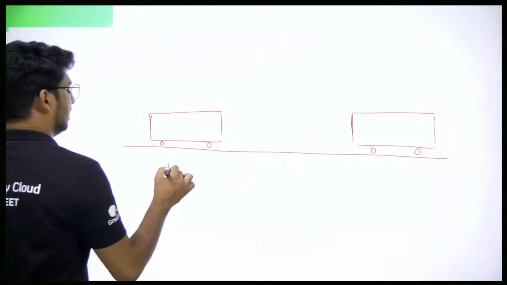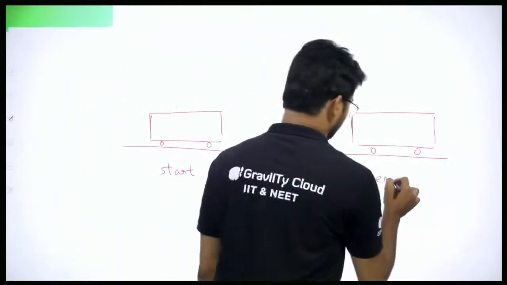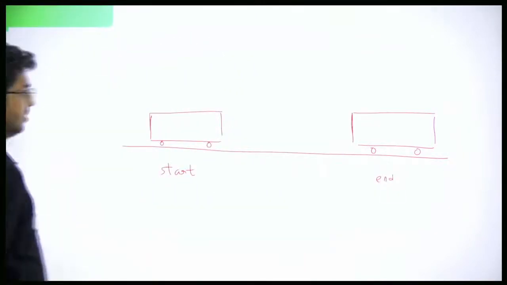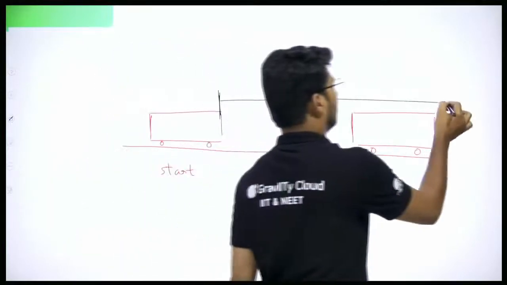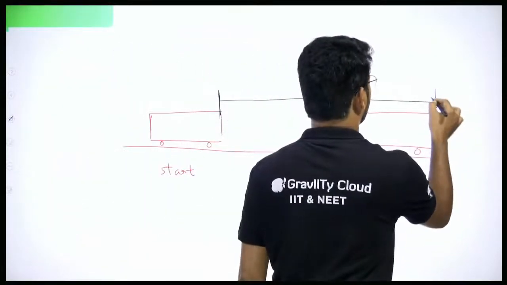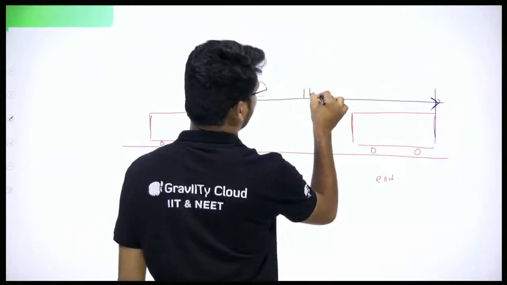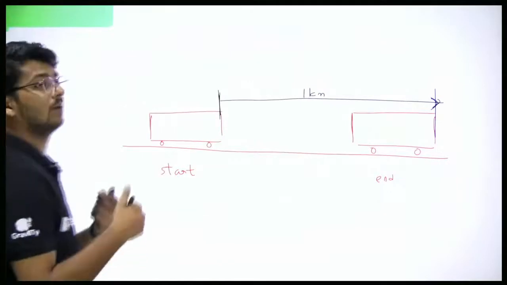It has gone from start position to end position. I'll ask a very simple question. The front end of the car has moved by how much? Let's say it's moved by 1 kilometer.